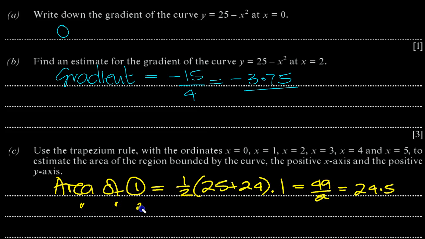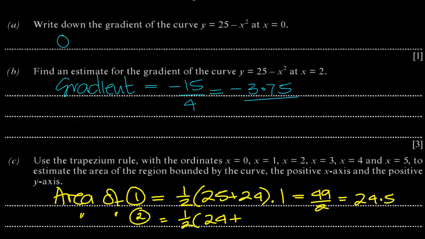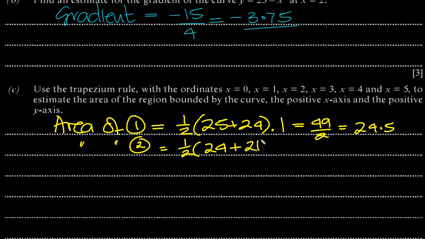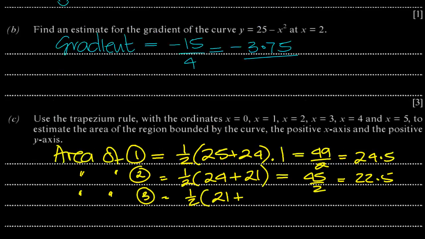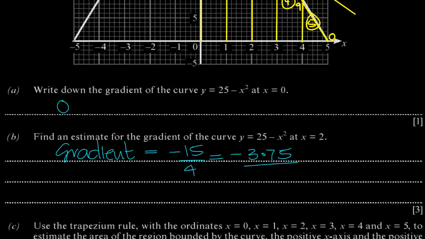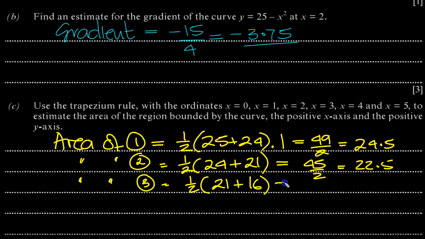Area of 2 is going to be a half of the 24, and the next height was 21, wasn't it? 21, which is equal to 45 over 2, which is 22.5. Area of 3 is half, and then it's 21 plus the next one, height was 16, I believe. 16, yeah. 21 plus 16 is 37 over 2, which is 18.5, isn't it?